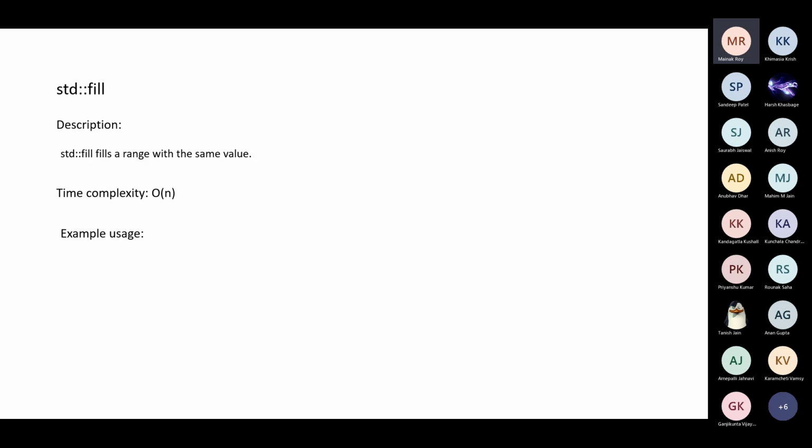So we'll look now at std::fill. Again, simple functions. All these functions are just for our convenience, replacing little long for loops with one-liners. So fill: say you have some array of size 5 and it is filled with garbage values, you don't know what it is filled with.